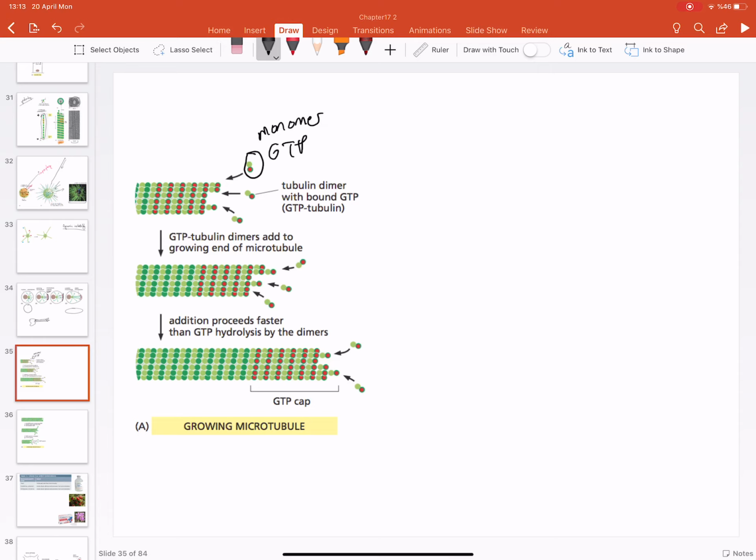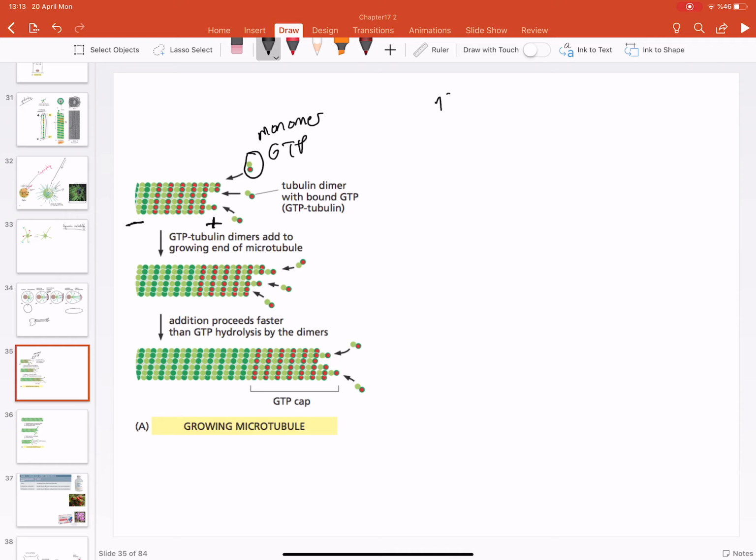There are always so many monomers around, so the filament can find these monomers anytime. And they can attach here to the plus end, not to the minus end, because the minus end is fixed on the MTOC.